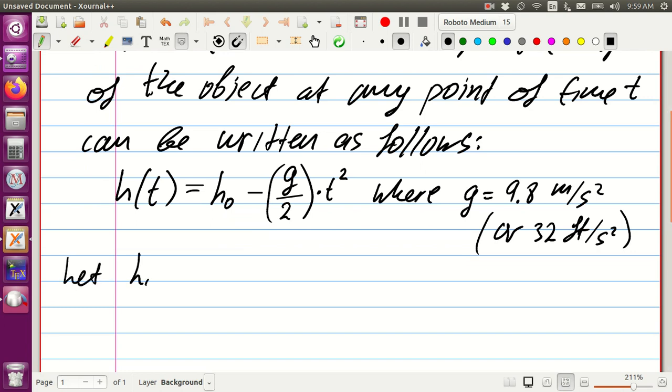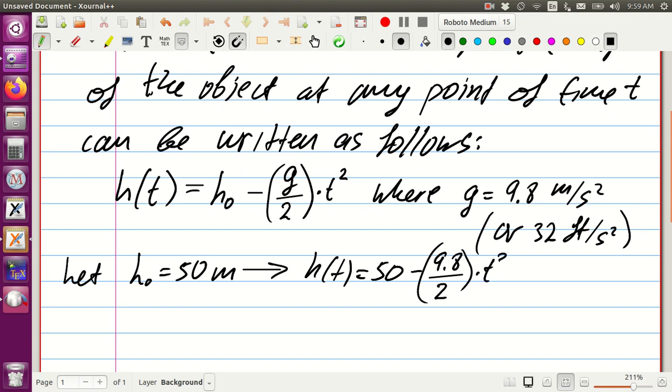So h sub 0 will be equal to 50 meters. And this would imply that the height of the object will be 50 minus 9.8 divided by 2 times t squared.